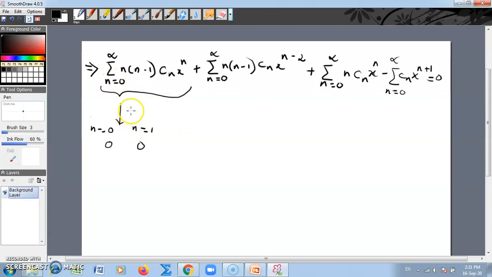So students, look at this summation. Can I not just write this expression as if it has started from n is equal to 2 to infinity, the summation n goes from 2 to infinity n(n minus 1) cn x to the power n?